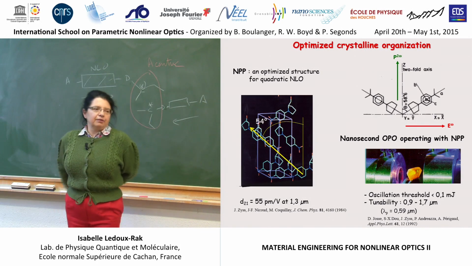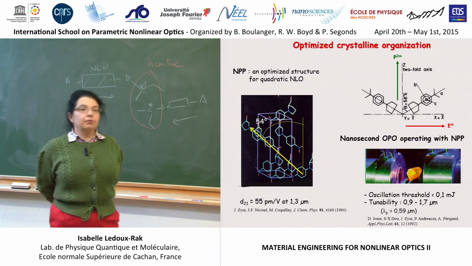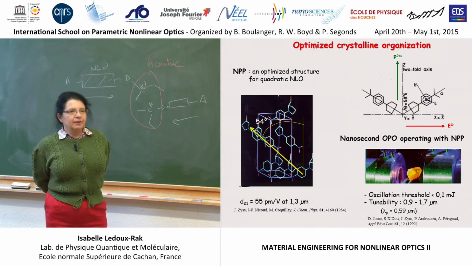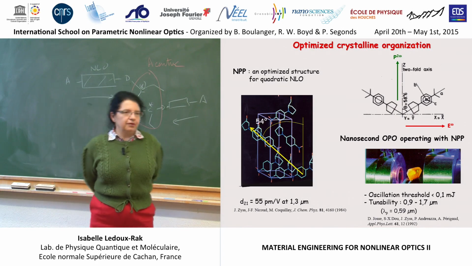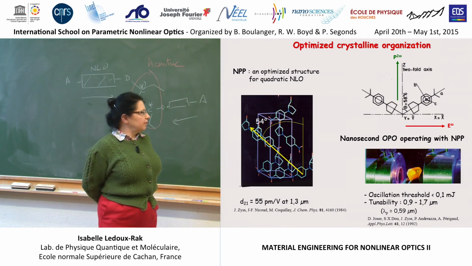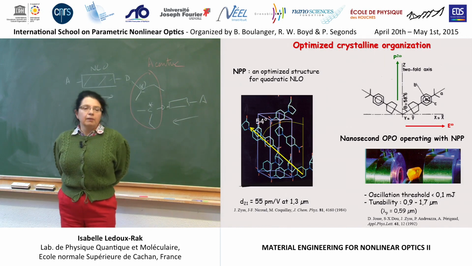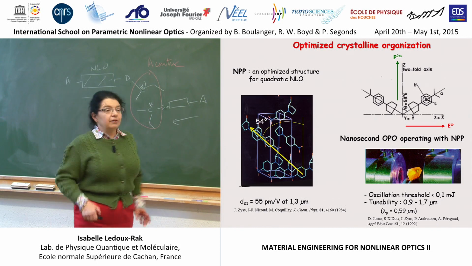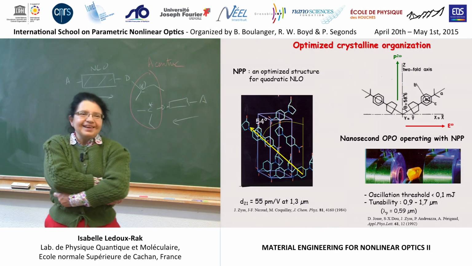It's very difficult to grow single crystals with suitable dimensions and without defects. And the attempts have been made very seriously because a French company developed this crystal growth, but it's really a challenge.